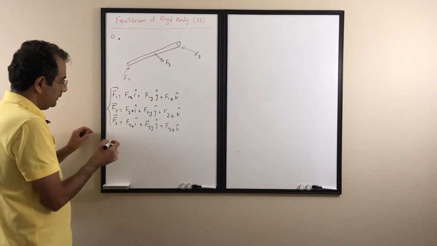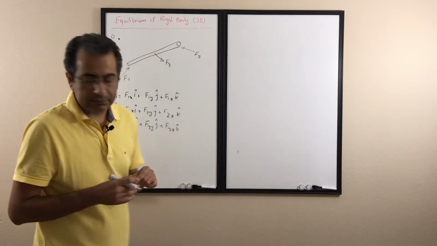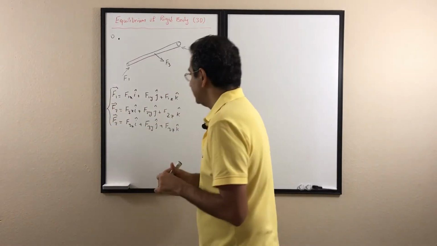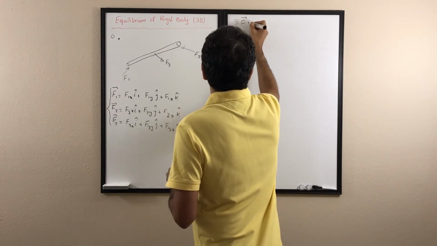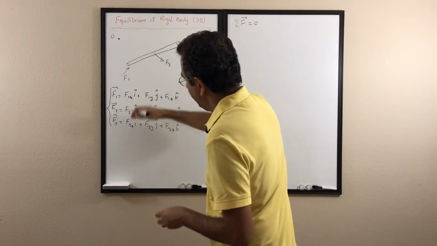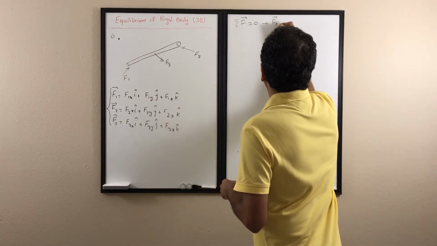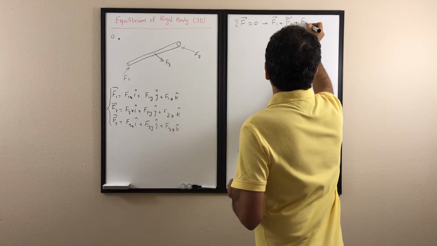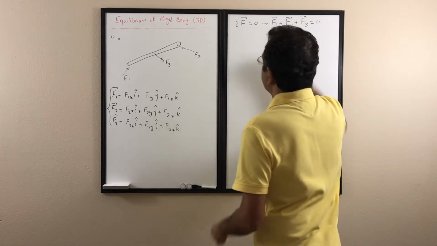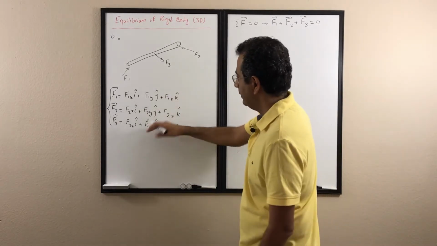Now what I need is sigma f equal to 0, so I'm going to add all these forces. It means that F1 plus F2 plus F3 is 0. So I have to add these three together.